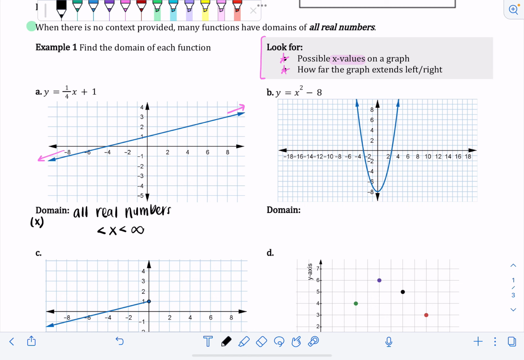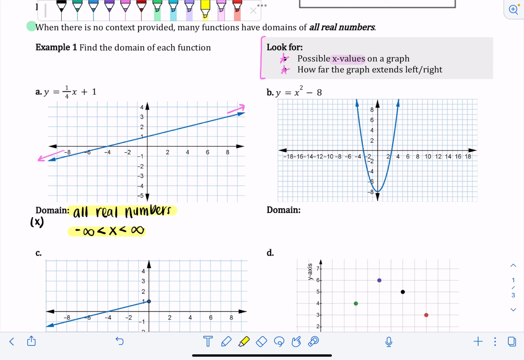And x is greater than negative infinity. So this is just a tricky math way of writing all real numbers, every possible number from negative infinity, which is the smallest possible number, up to positive infinity, which is the biggest possible number. So it means the same as all real numbers, but you'd want to familiarize yourself with that way of writing it as well.